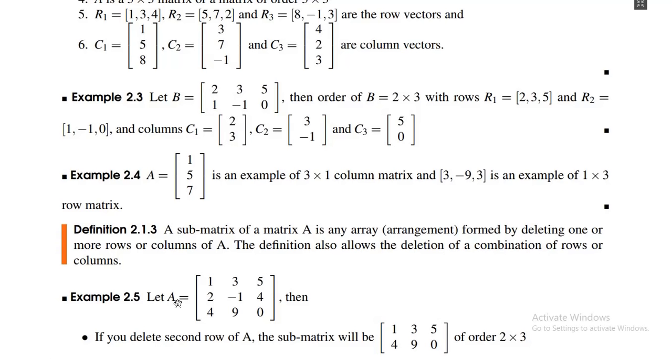For example, let A be the matrix with entries 1, 3, 5, 2, minus 1, 4, 4, 9, 0. If we delete the second row of A, that is 2, minus 1, 4, then we obtain the submatrix 1, 3, 5, 4, 9, 0, a matrix of order 2 by 3.